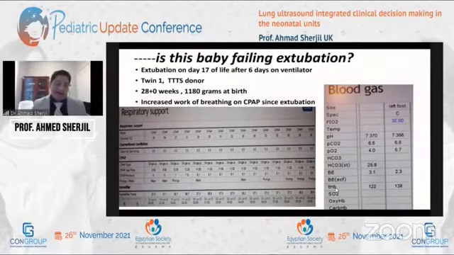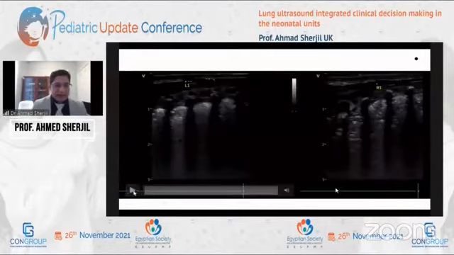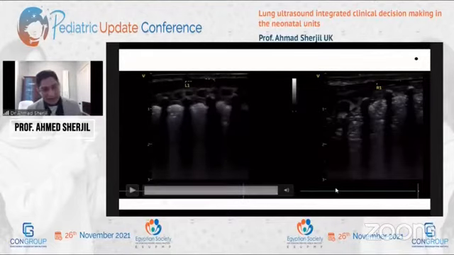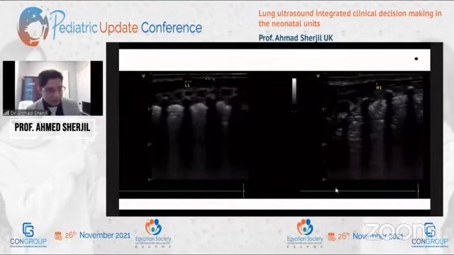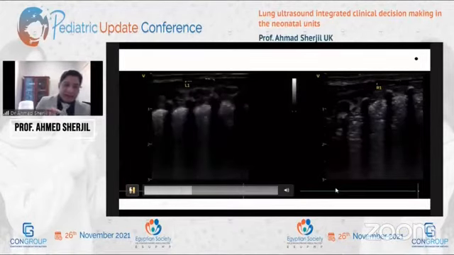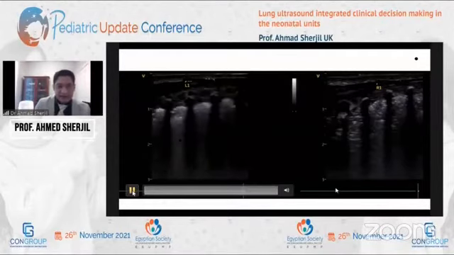And clinically, it did seem very possible. So I did a scan, and you were expecting a sick lung here. It was a twin-to-twin transfusion syndrome baby with the background of pulmonary hemorrhage, pneumonia, chest drains, and all whatnot. So you're not expecting a good lung here. What you're seeing here is a very interrupted pleural line.